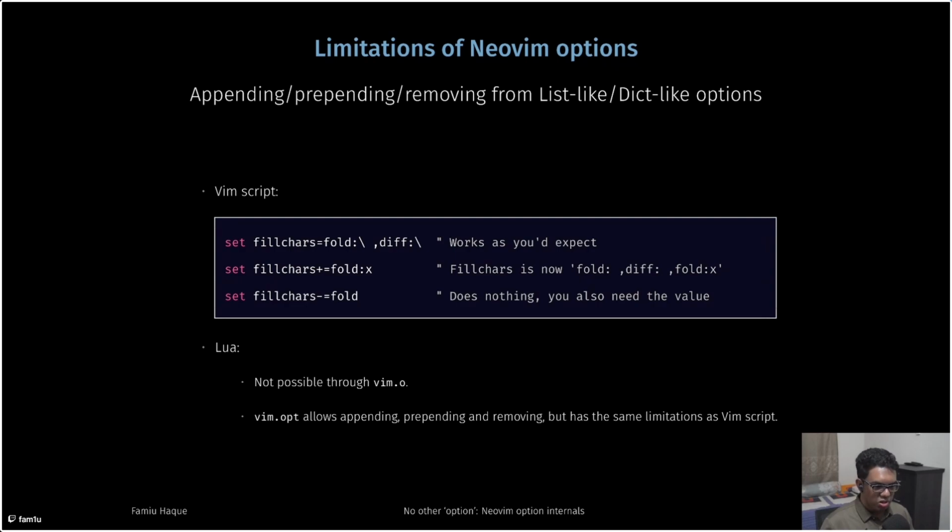But this has the same limitations as Vim script. The one limitation it doesn't have is the second line problem, that's fixed. If you append to fold, for example, like this, it actually replaces the value instead of adding on top of it. So that one's fixed, but otherwise every other problem remains.